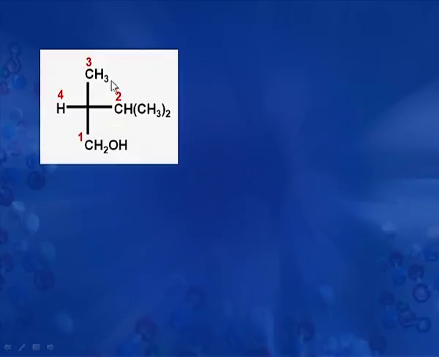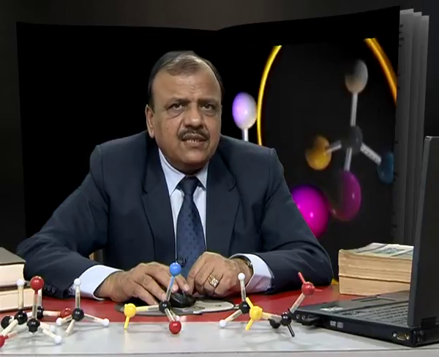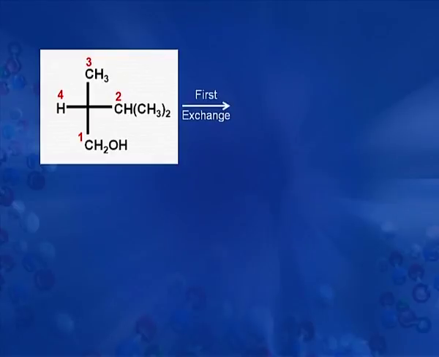But before looking at the sequence for the groups, we have to bring the group of the 4th priority to this position. And this we can do in Fischer projection by carrying out 2 interchanges. After 1 interchange of the groups in Fischer projection, we get the mirror image, and after 2 interchanges we get the same configuration. Now, we do a first exchange between this group number 1 and 4.